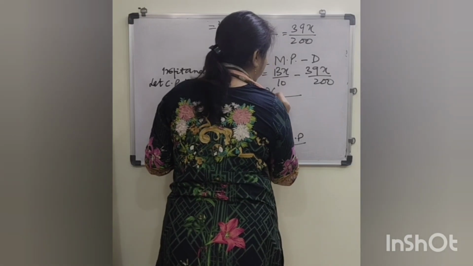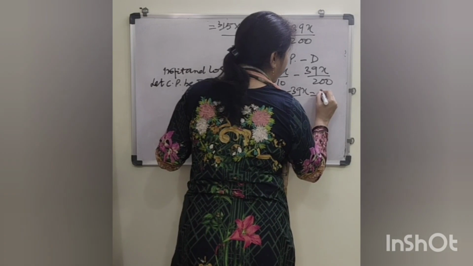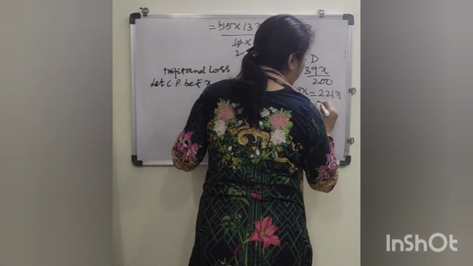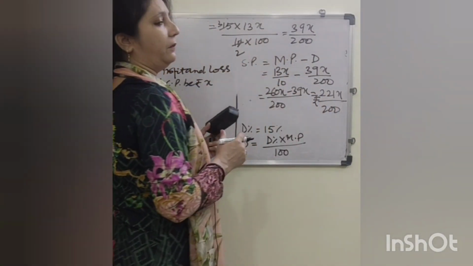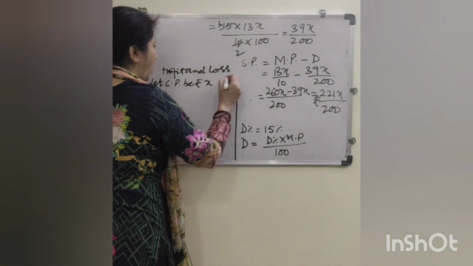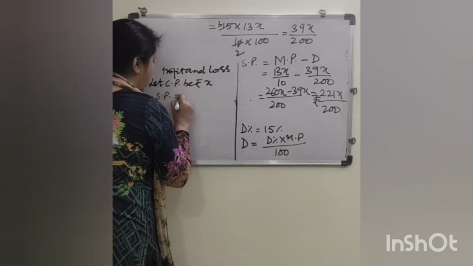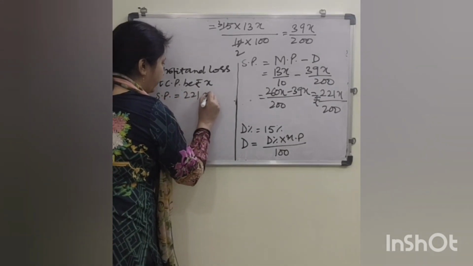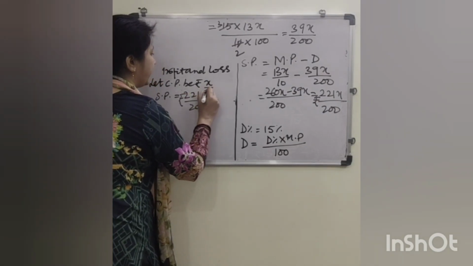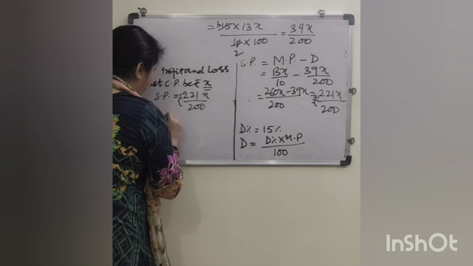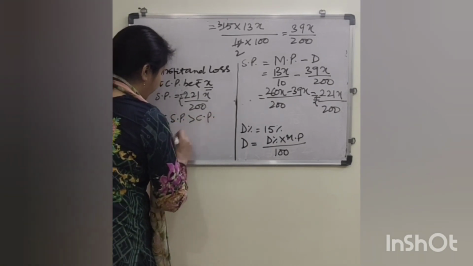You will get 260x minus 39x, which is equals to 221x over 200 in rupees. This is your SP. So in the column of profit and loss, let us write SP is equals to 221x over 200 rupees, which is obviously greater than x. So as SP is greater than CP, we will get profit.